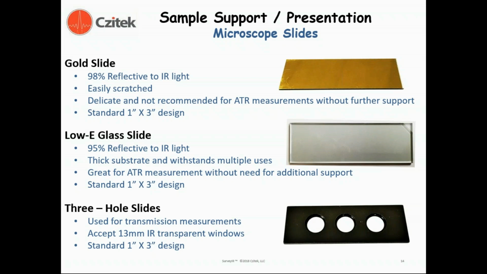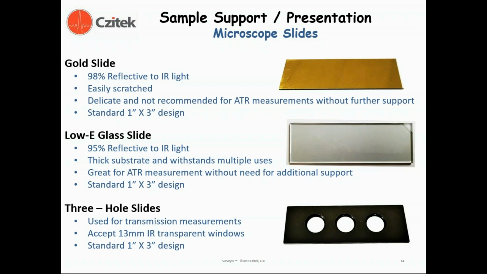One of the most useful substrates for FTIR microspectroscopy measurements is the low-E glass slide. Low-E glass is a glass substrate coated with a very thin film of silver, very transmissive to visible light, so we can observe samples in all illumination modes: oblique, reflected, and transmitted light. But we're measuring the sample in the infrared via double pass reflection.